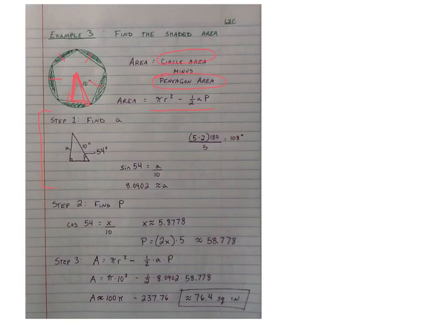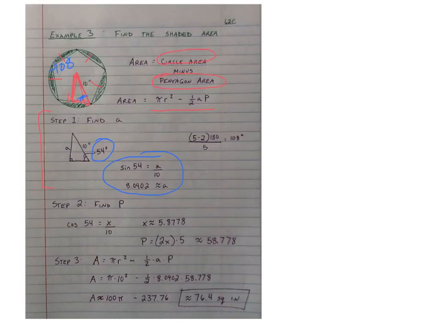So each of these angles is 108 degrees, which means half of that for the triangle is going to be 54 degrees. Using the sine trig function, we find out the length of our apothem to be approximately 8.0902.